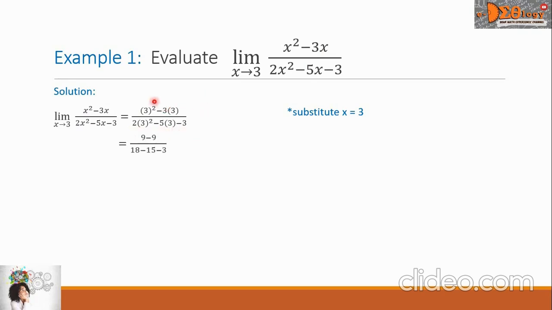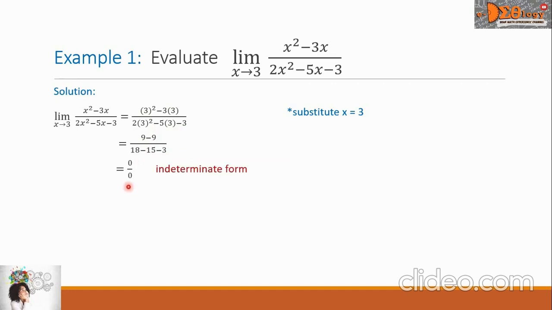Simplifying further, 3 squared is 9 minus 3 times 3 is also 9, all over the square of 3 is 9 times 2 gives 18 minus 5 times 3 is 15 minus the 3. When we simplify this fraction, we will have the answer 0 over 0.